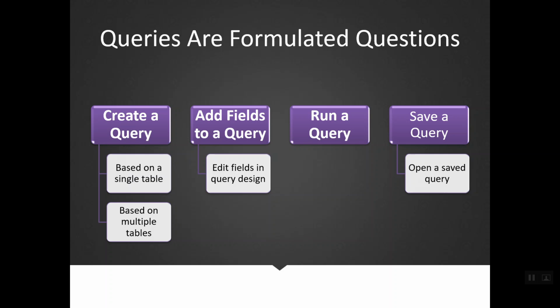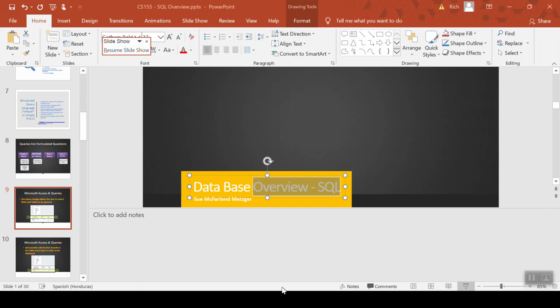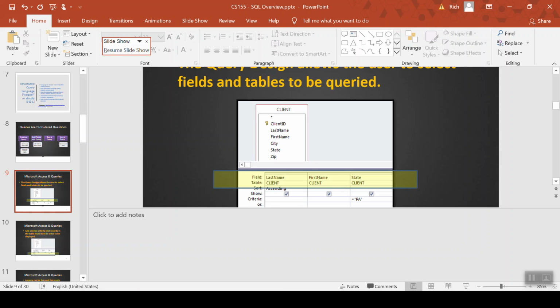All right. But these are the steps we go through when we're going to ask a question to a database. So this is query and query design. This is an Access thing. So actually, let's take a quick look at Access because sometimes this stuff is easier to do.